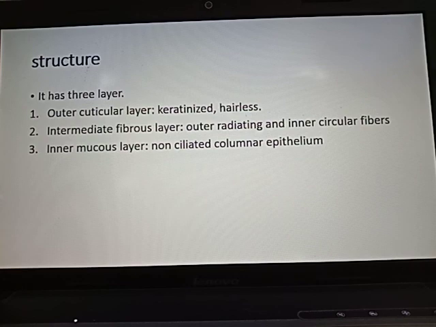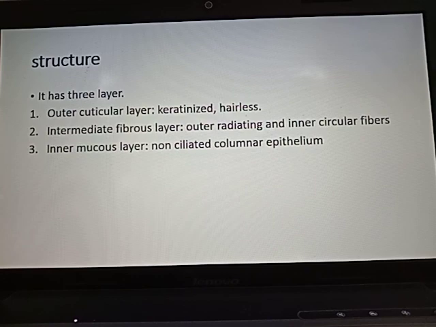Then the intermediate fibrous layer, which lies between the outer and the inner layer. It has outer radiating and inner circular fibers. The radiating fibers lie in the central portion, and the circular fibers lie in the periphery of the tympanic membrane. And the inner mucous layer is covered by non-ciliated columnar epithelium.